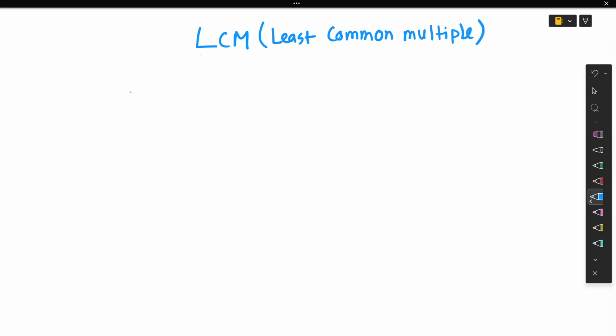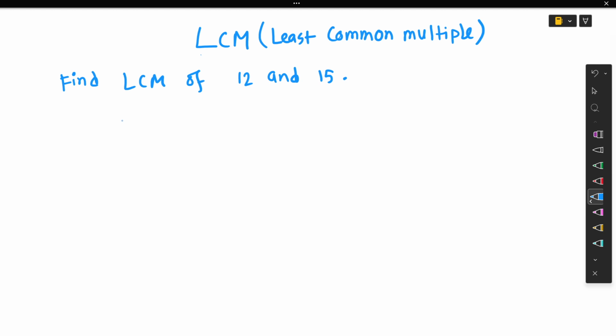Here, let's say we have to find the least common multiple of 12 and 15. Find LCM of 12 and 15.